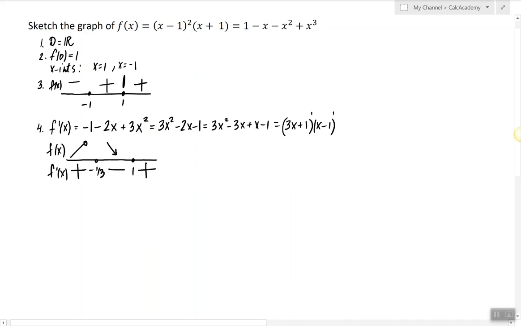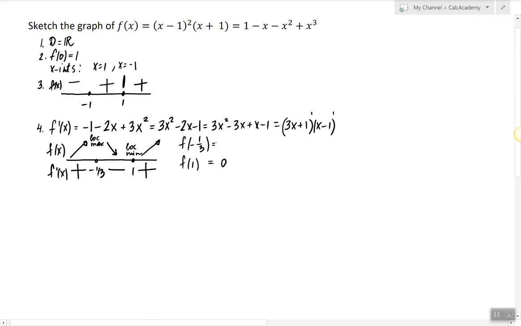It's increasing on the interval from -infinity to -1/3, decreasing from -1/3 to 1, and then increasing from 1 to infinity. That means we have at -1/3 a local max, at 1 we have a local minimum. And to improve the accuracy of the graph, we can find f(-1/3) and f(1). f(1) is 0.